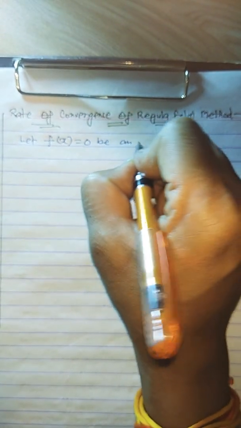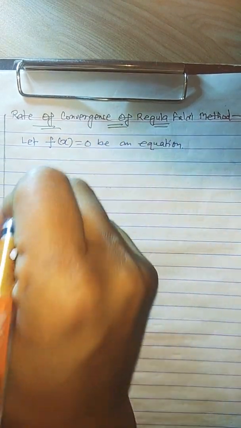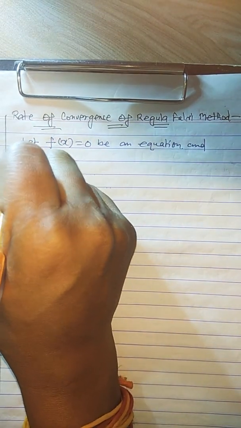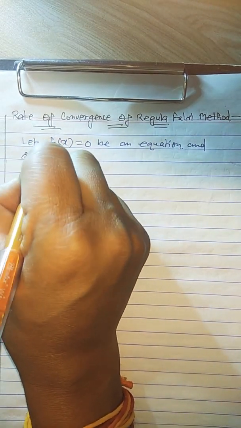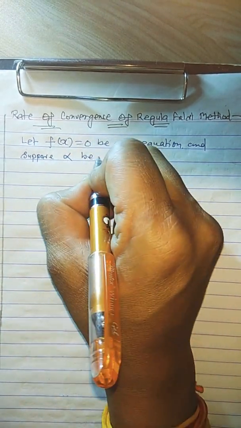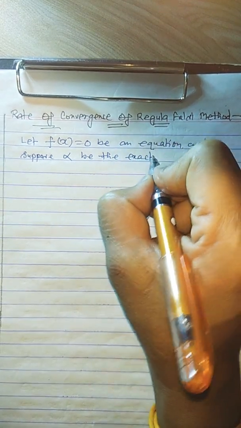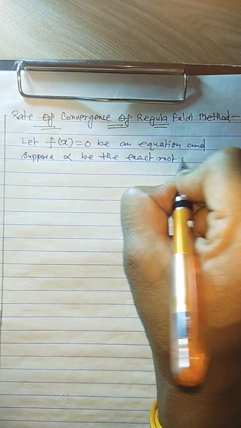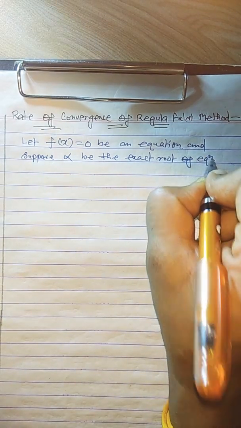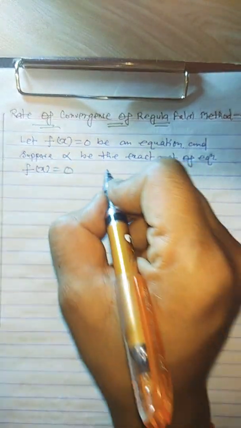Suppose alpha be the exact root of equation f(x) = 0.